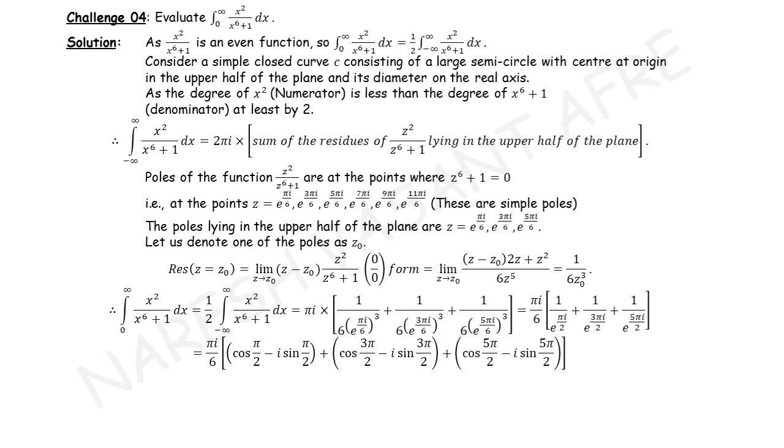But by Euler formula, e raised to i theta is cos theta plus i sin theta, and we also know that 1 by (cos theta plus i sin theta) is cos theta minus i sin theta. So we can apply that and we'll get this. In the next step we'll get pi i by 6 times (minus i plus i minus i). So we'll be left with minus i in the bracket. So the answer is pi by 6. Okay, thank you.